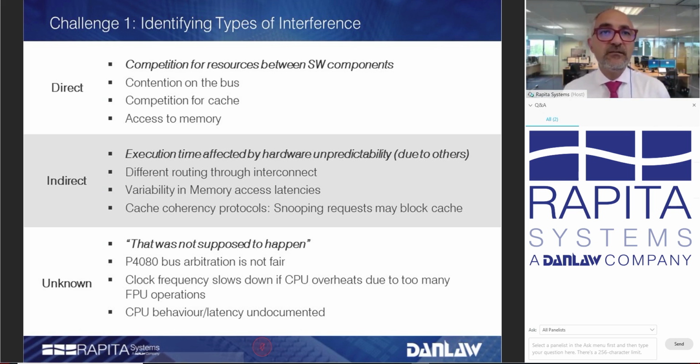There may be variability on memory access latencies just because it's the nature of the hardware itself. But there are even more obscure ones which are known but provide these indirect channels. One of the key ones, for example, is if there is a shared level, let's say a level 2 cache, that even if it's private to each of the members, when a processor is using its own version of the cache, the cache coherency protocol sends messages between the cache controllers to identify which areas of memory need to be invalidated.